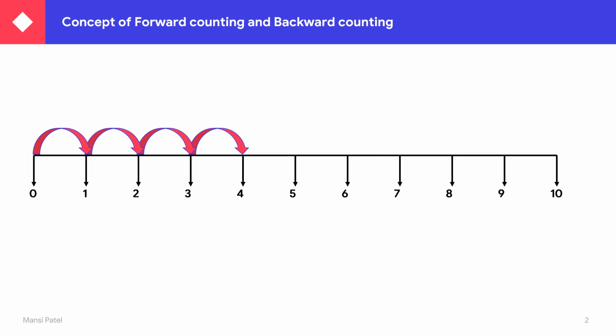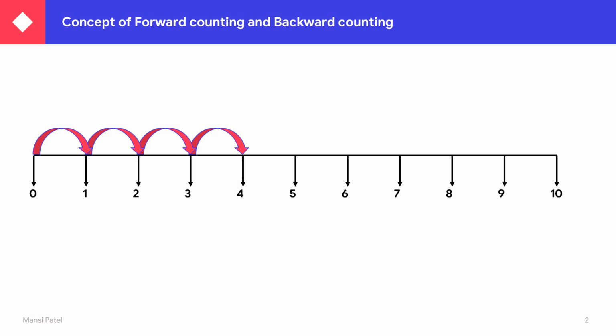So in another sense, we say that in forward counting, the next number is one more than the previous number. Previous number means the number before, we can say. See here, our number is 4. Now we are standing on number 4. So we can say that 4 is 1 more than 3.